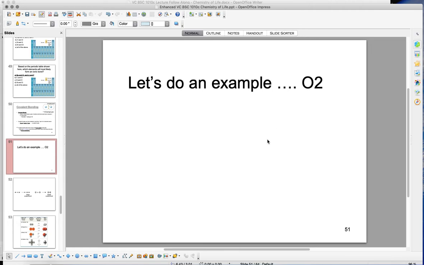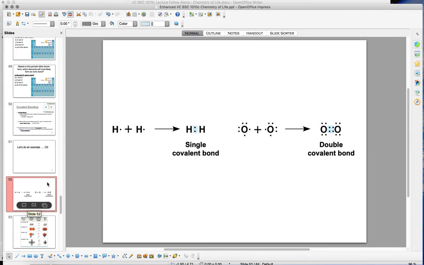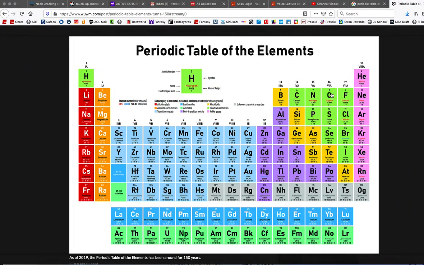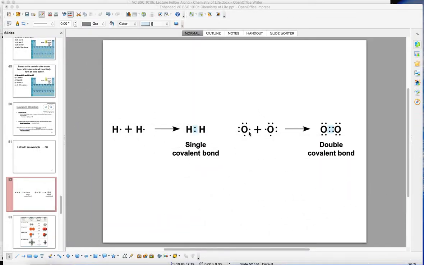If you want to take a second to pause this and try to do O2 and N2, you can, or if you just want to take a look here, I've got the single bond H2, which we just looked at, they're sharing one pair, and then oxygen gas, they're sharing two pairs of electrons, because if we remember, oxygen's atomic number is 8, which means that it has 2 in the first shell and 6 in its valence shell. Two in the first shell, 6 in its valence, 1, 2, 3, 4, 5, 6, which means it's deficient in 2 electrons. So these can come together in this formation and share 2 pairs of electrons.